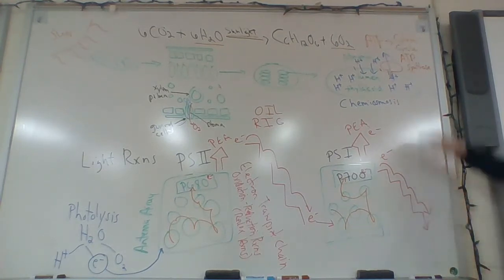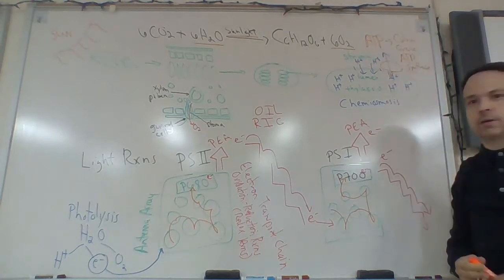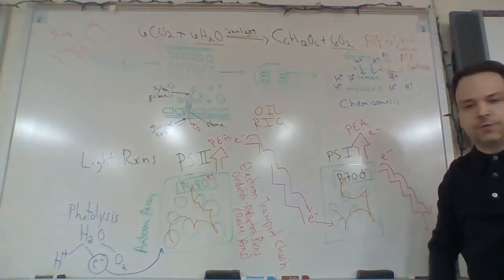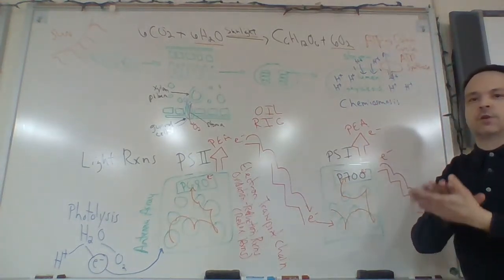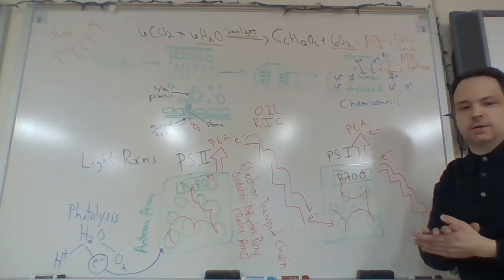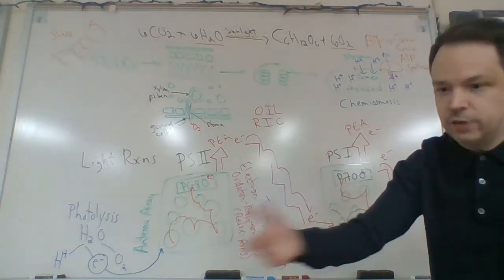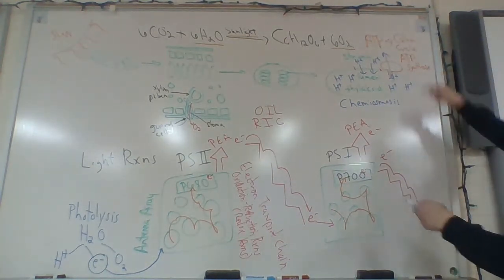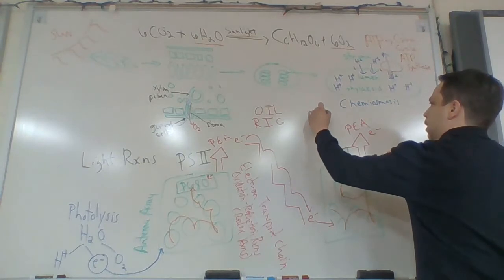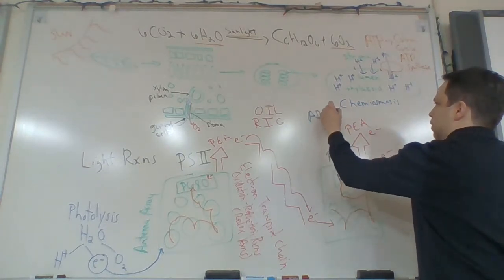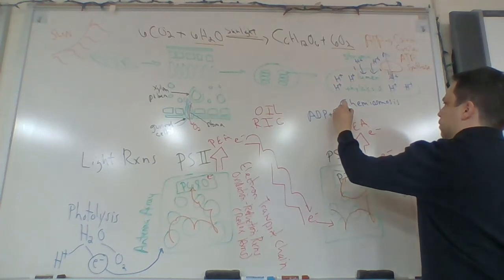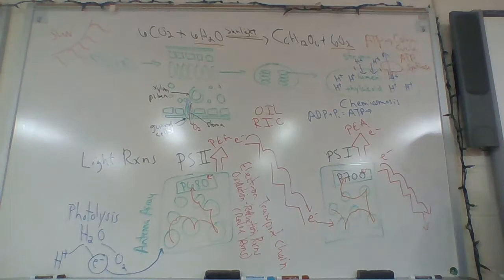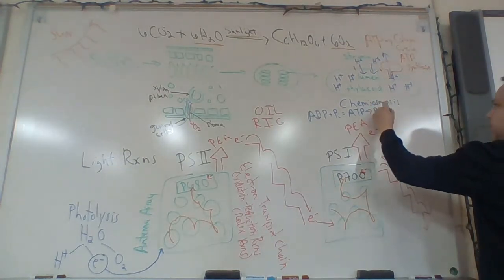The action by which ADP is made into ATP, the action by which that extra phosphate is attached onto ADP, thus making ATP, has its own name. So ADP, adenosine diphosphate, plus another phosphate, giving us ATP, that has its own name. It's called photophosphorylation.